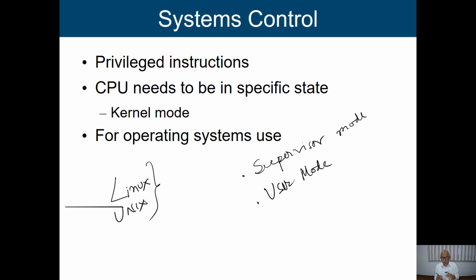Okay. So to change this particular mode, say from supervisor to user or from user to supervisor, we should have some provision in the processor itself. So such type of instruction that we are going to keep, we say this is our system control instruction. Okay. Because you just see that someone is having root access, and we say that this is the administrator, and generally a user is not having the root access.